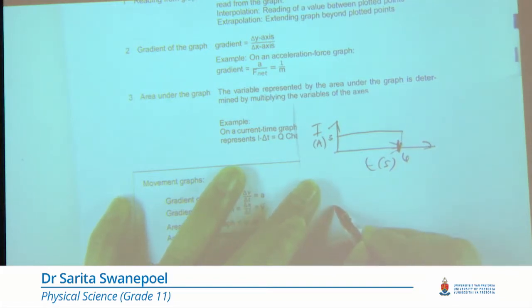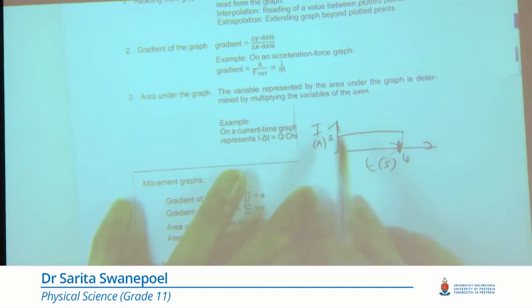I asked you, what is the amount of charge that passes a point when the current is 3 amps and it's flowing for 6 seconds? Now, what is the symbol for charge?